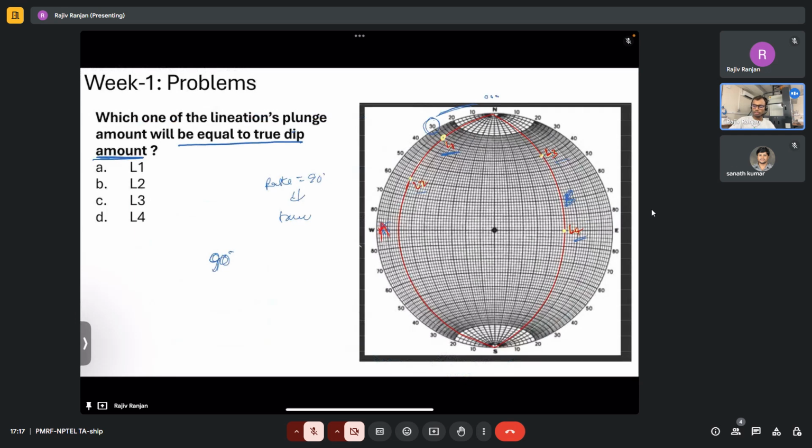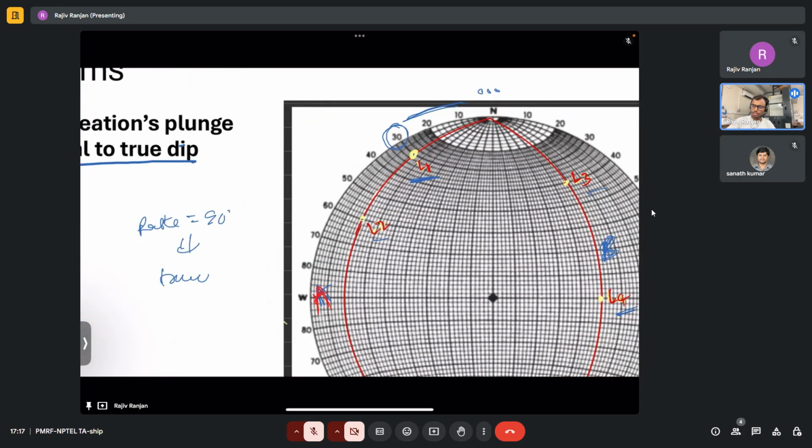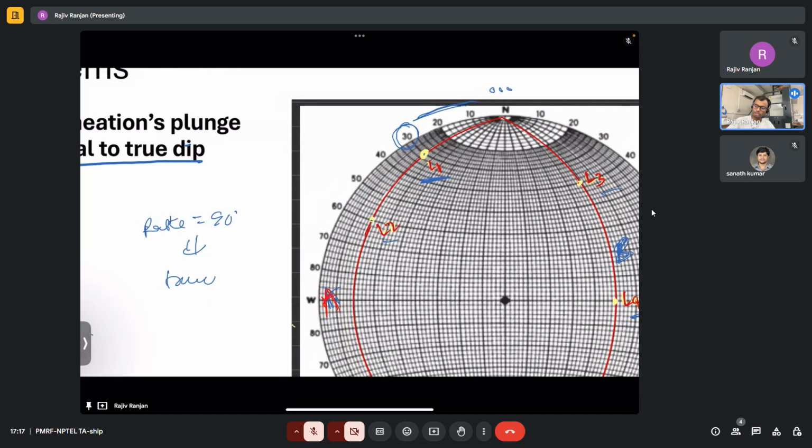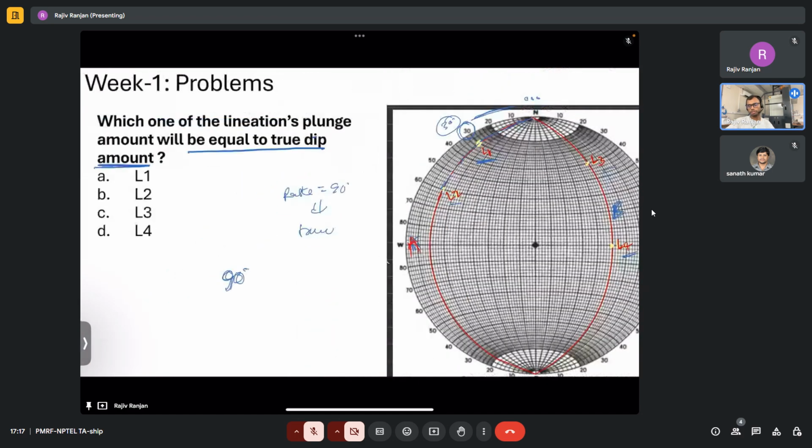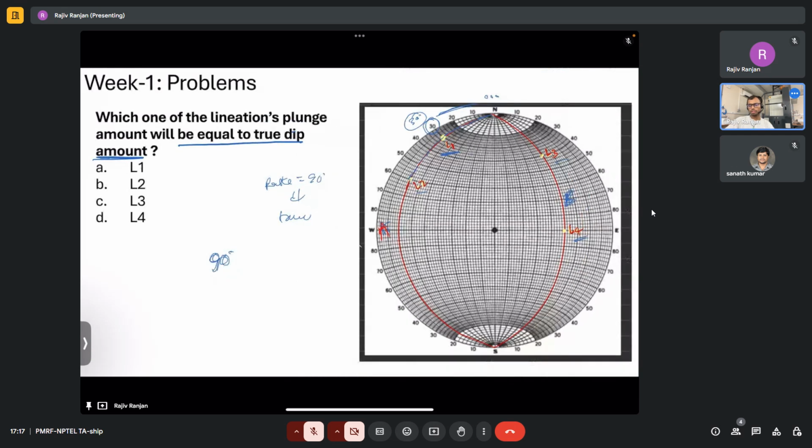One more thing I will try to make you understand. When we talk about rakes on the stereographic projection, we measure the rake from here on the fault plane: 10, 20, 30. So here the rake amount is 30 degrees. And if you talk about lineation 2, 40, 50, 60 degrees, right? I have kept it very simple at 090 and 0180 so it is very simple.